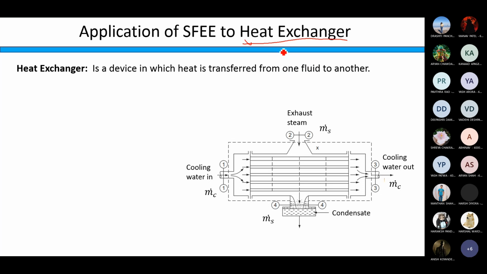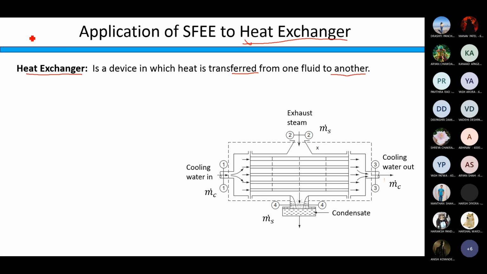Right now we are only considering this as a simple steady flow device, right? So what is a heat exchanger basically? It is a device in which heat is transferred from one fluid to another. The only requirement of a heat exchanger is that you should have two fluids exchanging energy with each other. That is the only requirement.